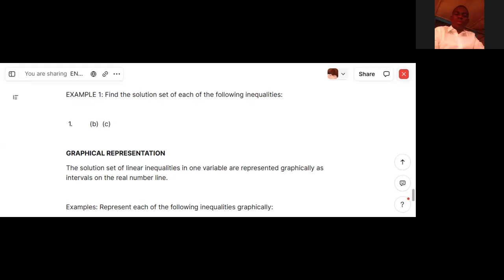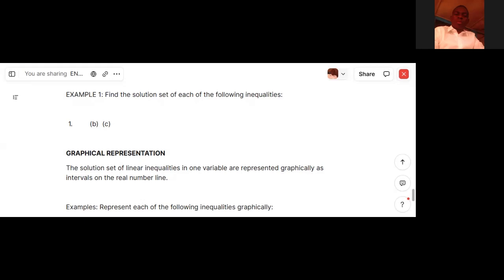Number one, we have 2x plus 1 less than x plus 5. Then, secondly, we have 1/3 x plus 2 greater than or equal to 1/2 x plus 1.